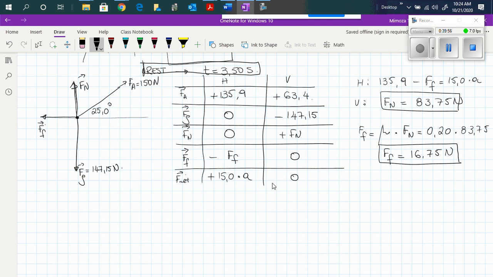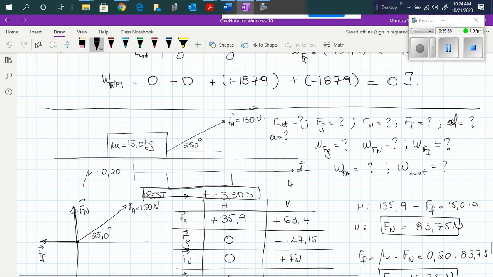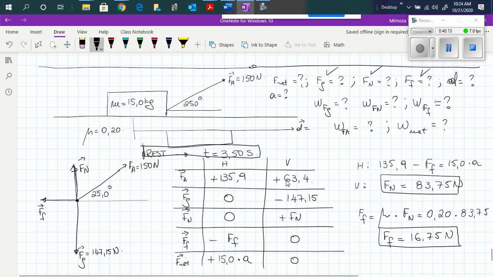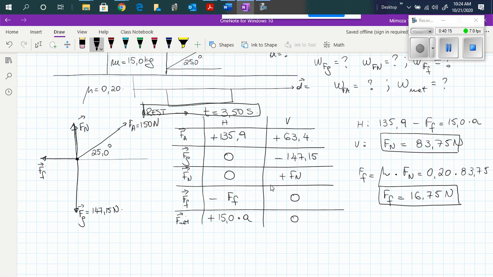So now the question was asking for force of gravity. We do have it. Force normal is 83.75. Force of friction is 16.75. And then let's find force net.